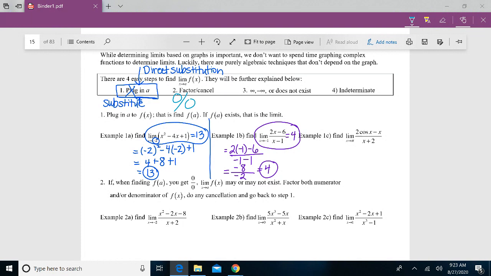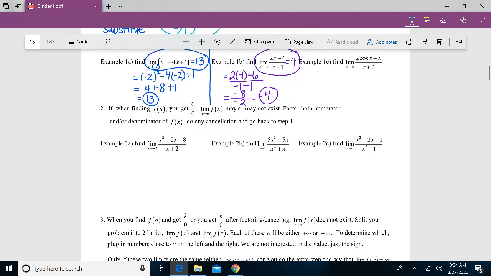It's an indeterminate form. So if you get 0 over 0, that is telling you that we need to try another method. And that second method is called factor and cancel. So let's look at a couple of places where that's going to happen.